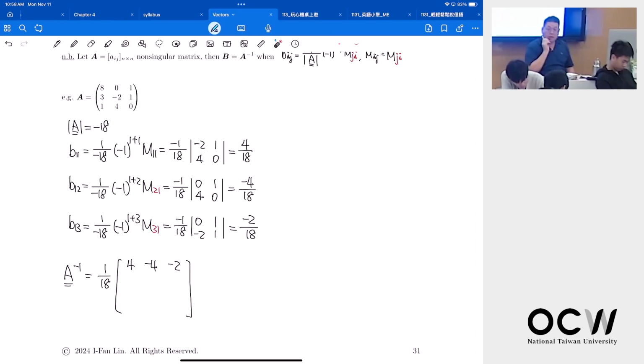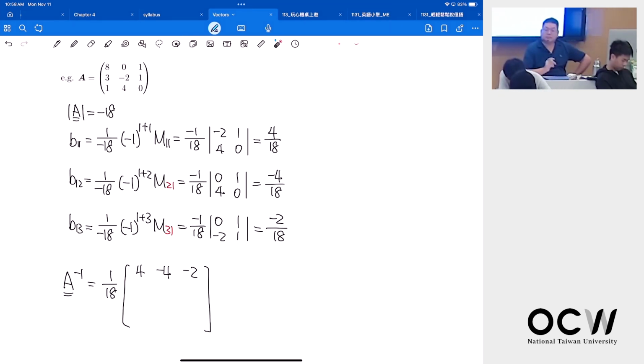Right, so how about this element? What is the value for B21? Minus 1. Good. And this one here? Minus 5. It should be 5.